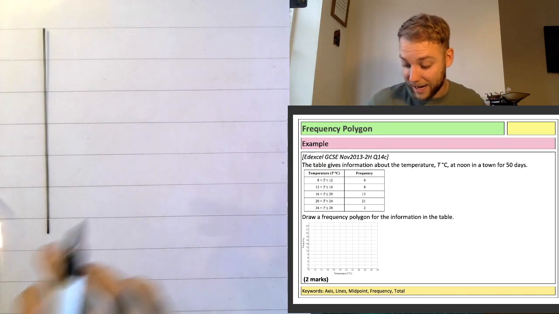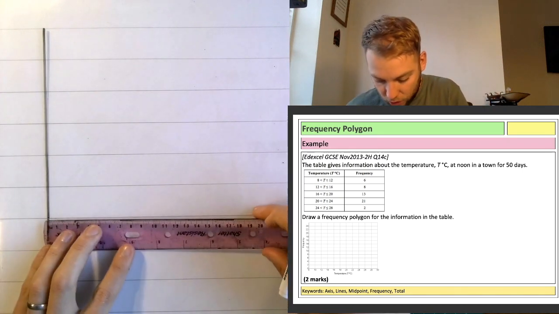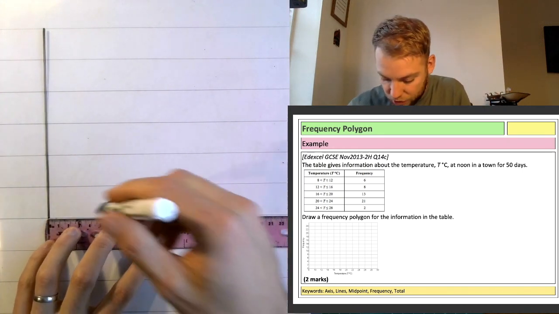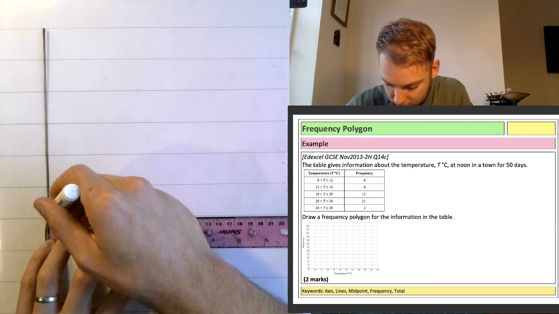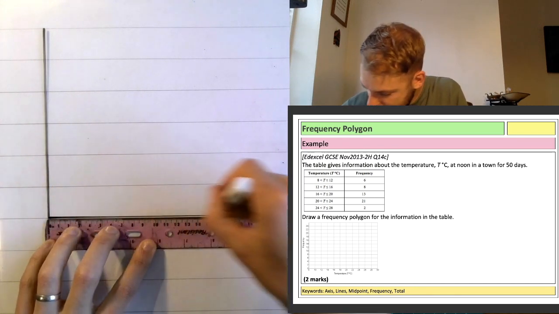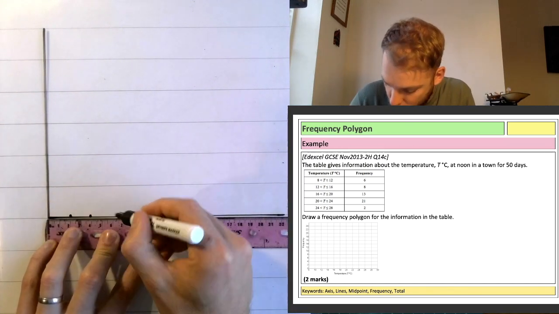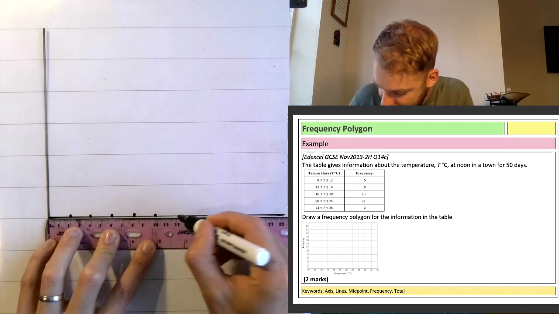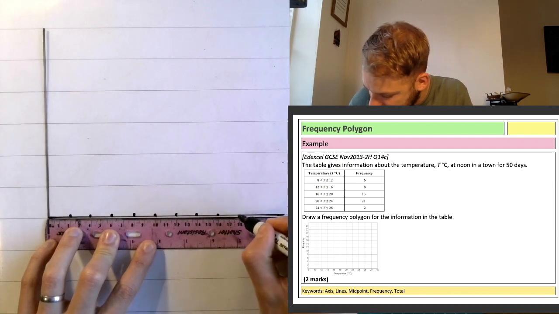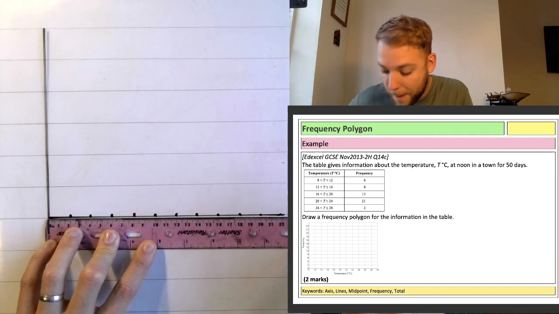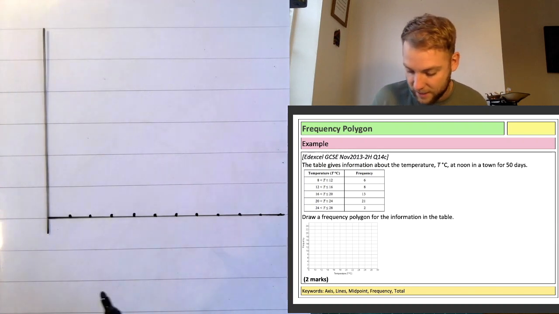So I need to go across by 11, don't I? So 11 across, so I'm going to do across in 2s again. So going from there, 22, going across in 2s, and I'm going to go 2, 4, 6, 8, 10, 12, 14, 16, 18, 20, 22, making sure that things are evenly spaced, okay?